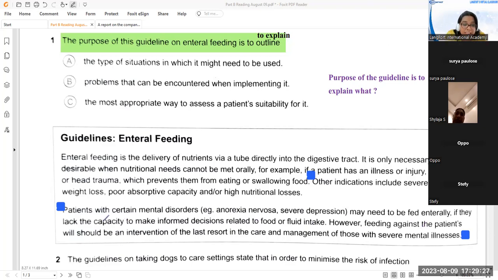So feeding against the patient's will should be a last resort. It should be the last choice, the last thing that you think about. When there is no other way, when you cannot do anything else, only then can you go against the patient's will and give them enteral feeding. Otherwise, enteral feeding should happen with the patient's permission. Okay, so all of you quickly go through the extract.